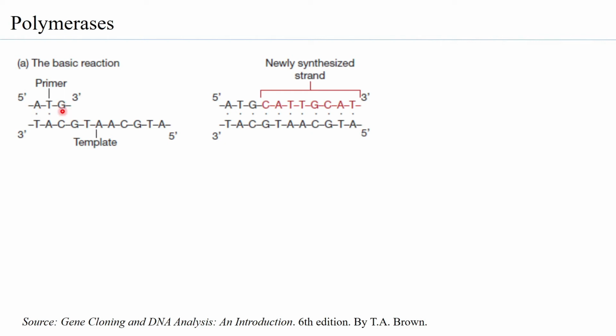So once you have the primer, the polymerase simply adds the nucleotides, but every nucleotide that is added is complementary to the nucleotide present on the template strand. And that is exactly how a new strand is formed. So suppose one wants the double-stranded DNA to be labeled.